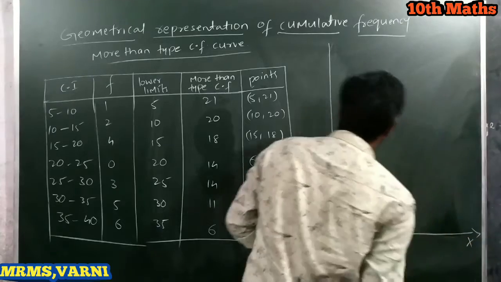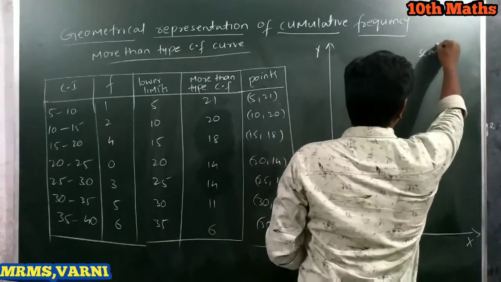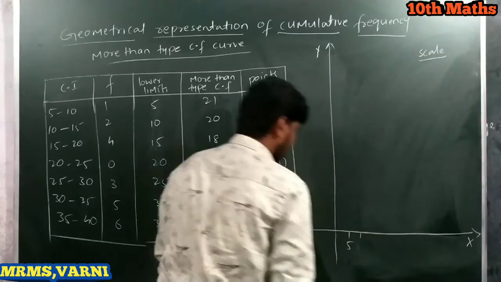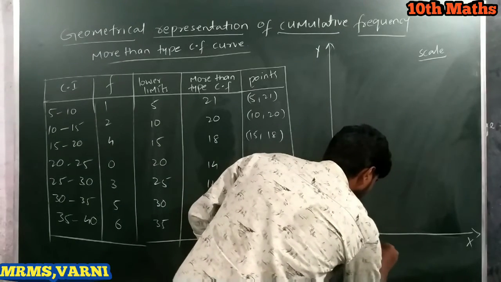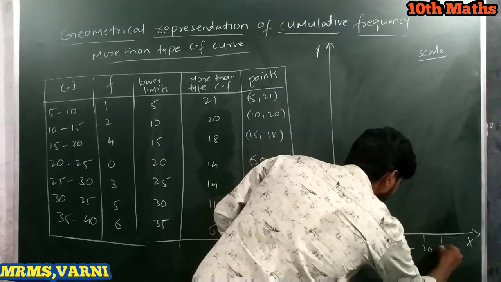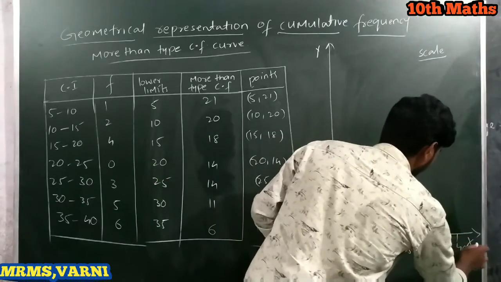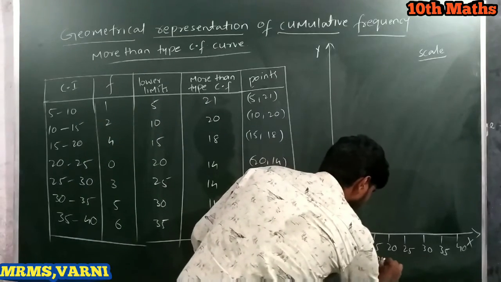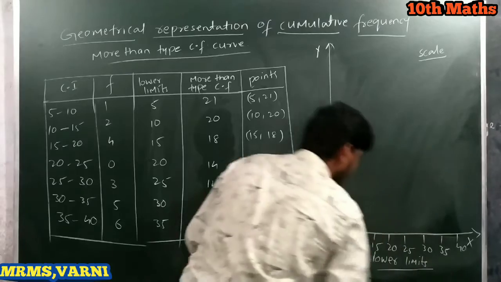Okay, right. So now this is x-axis, this is y-axis, here it is scale. What are the lower limits we are having? 5, 10, 15, 20, 25, 30, 35 is the highest one. You can take 40 also, no problem, but we don't use that. So these are lower limits.